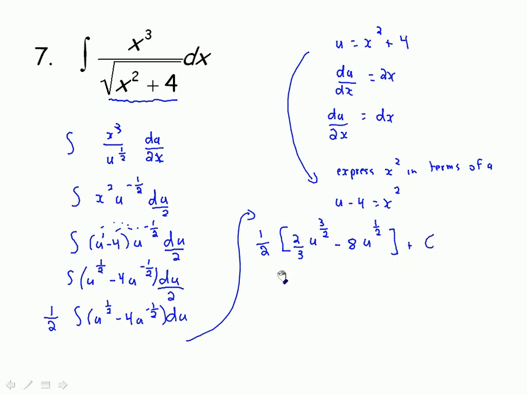Now you might want to distribute that one in, so you get 1/2 times 2/3 is actually 1/3. I'll put the u in right away. That's x squared plus 4 to the 3/2 minus 8 times u, which is x squared plus 4 to the 1/2, and then plus c. And we've done it.